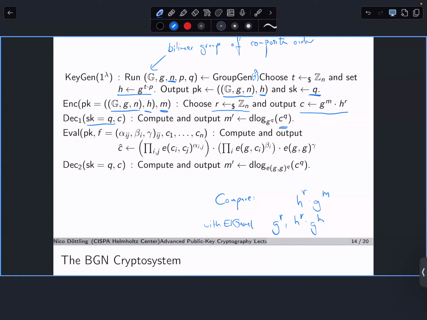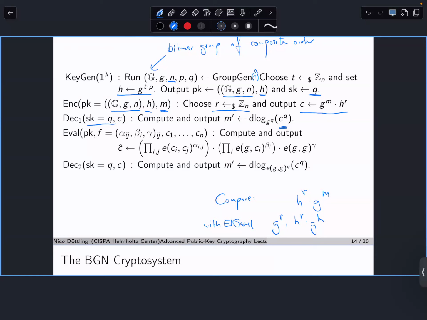And I recall that I said earlier, when we raise something to the P, we end up in the subgroup of order Q. When we raise something to Q, we end up in the subgroup of order P. So we compute C to the Q, and then we compute the discrete logarithm of this C to the Q with respect to G to the Q. Right?